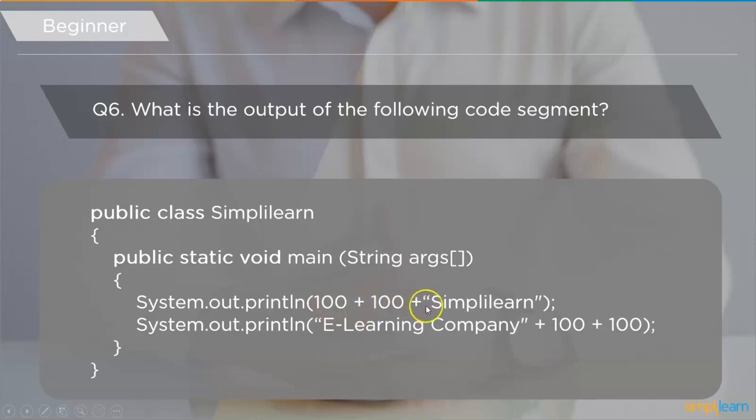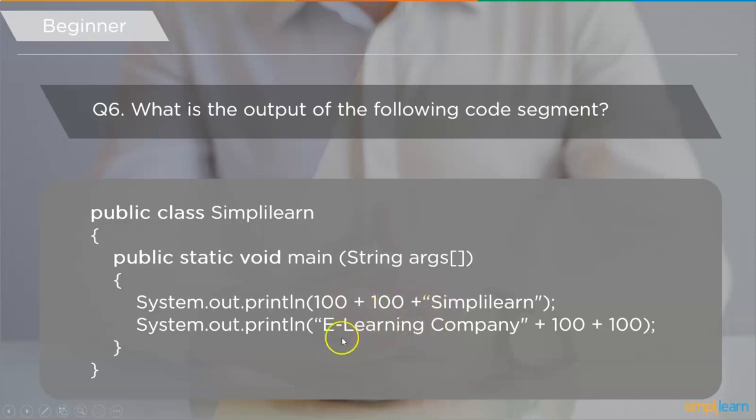So followed by that we have another plus symbol here. So followed by the plus symbol we have a string value. So here the JVM considers the plus symbol as a concatenating operator but not as an addition operator. So that's why the first two numbers got added and the result was 200 and the next two values were concatenated. So it became 200 Simplilearn.